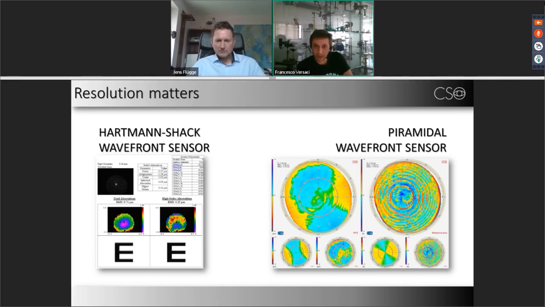The two small maps under the big one are the low order aberrations, what you can correct by means of spectacles, and the high order aberrations, what you cannot correct by spectacles. We have exactly the same representation on the right-hand side, but instead of the wavefront error, we are showing the refractive error in total, low order aberrations, and high order aberrations. Since we are going to see many of those maps, I wanted to explain a bit what this display is showing.